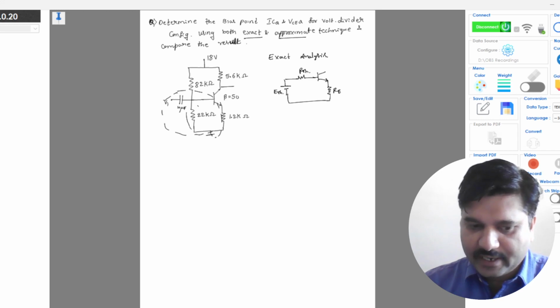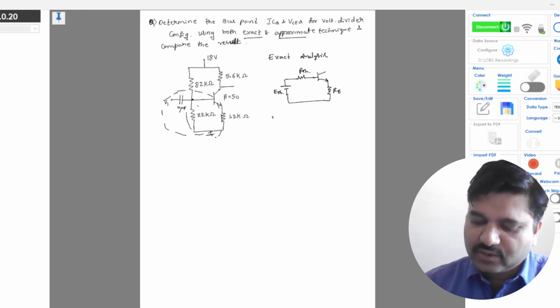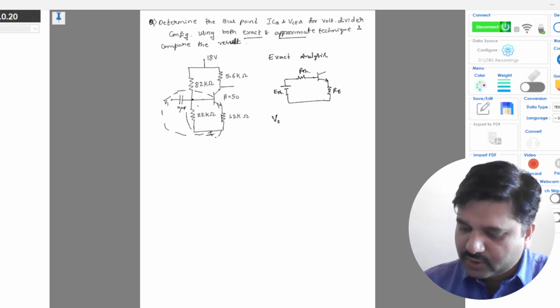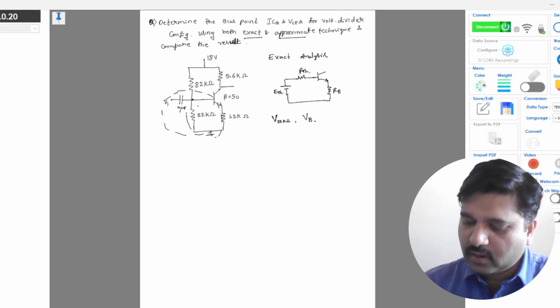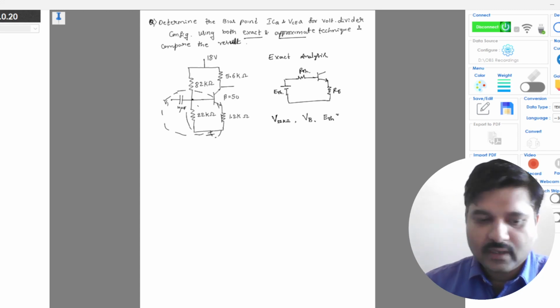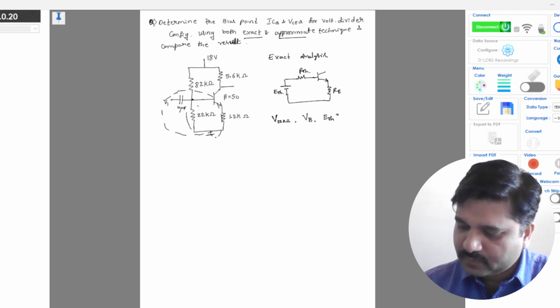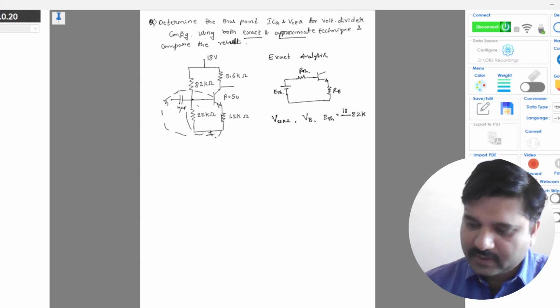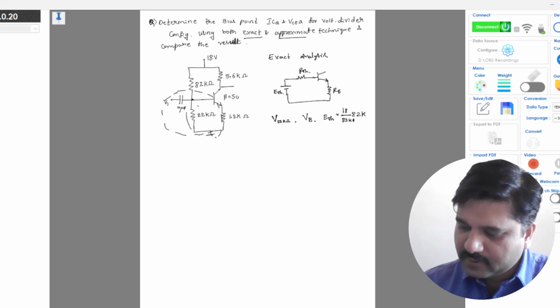To find ETH, which is the voltage across R2, or the voltage from base to reference, VB, it is given by 22 kilo ohm times the current, which is VCC by R1 plus R2, that is 82k plus 22k.